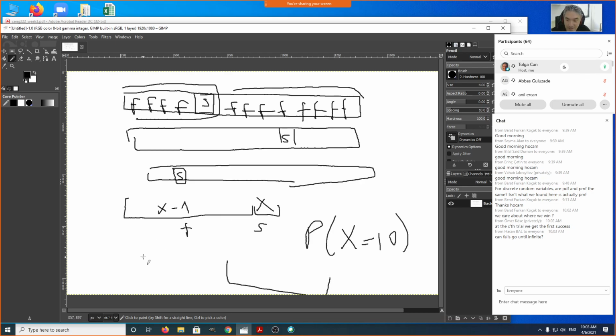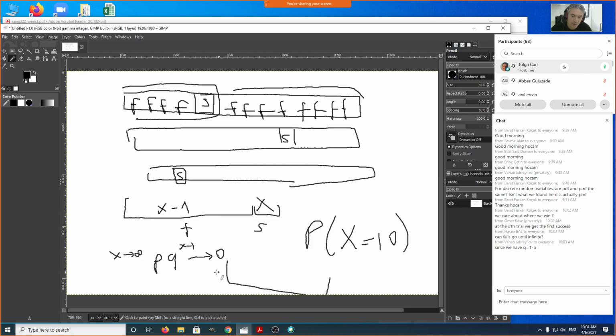It's Q to the infinity when Q is non-zero, but here it's going to go to 0. Its limit is 0, because Q is a number between 0 and 1. If this is Q to the X minus 1 and this is P, this is going to go to 0 as X goes to infinity. That's for sure.